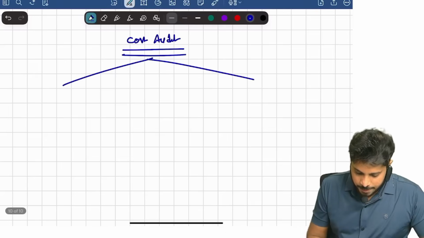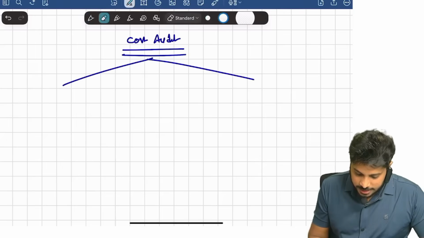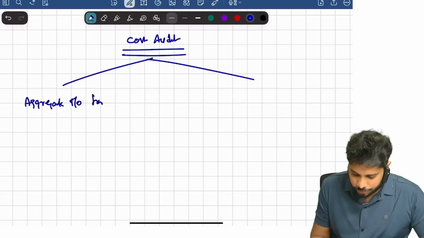Now turnover, individual turnover, or aggregate turnover.